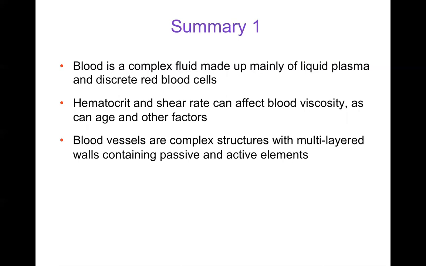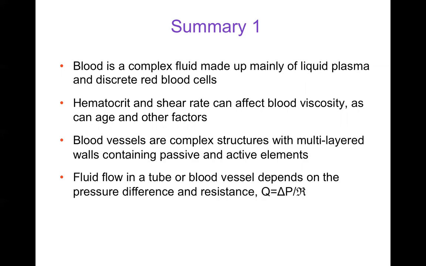We saw that blood vessels are complex structures with multiple layers, and they have passive and active elements. They have elastin fibers that are passive, but they have endothelial cells that are active, can sense shear and release substances. They have smooth muscle cells that can contract and relax to change vessel diameter.